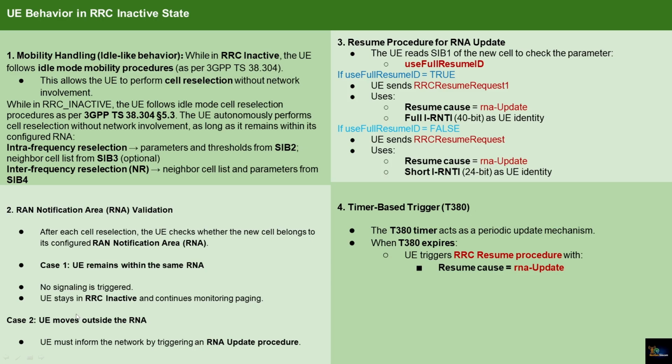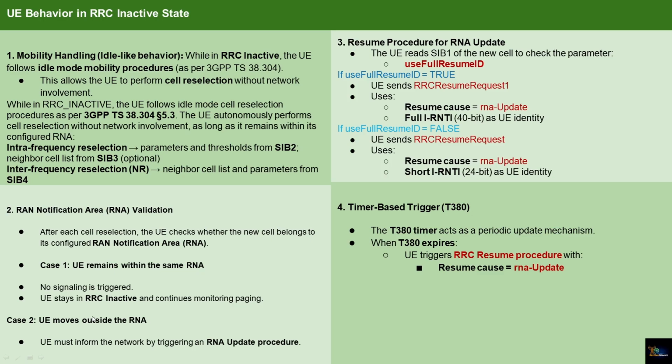You stay in RRC inactive and continue monitoring paging. Second case: if you move outside the RNA, you must inform the network by triggering an RNA update procedure, which we discussed.